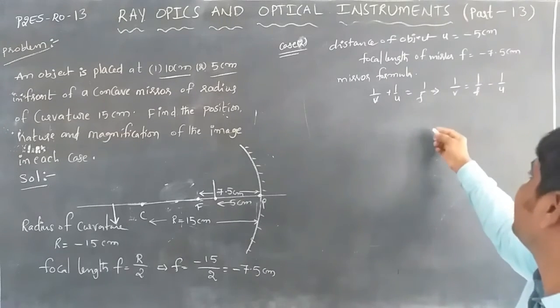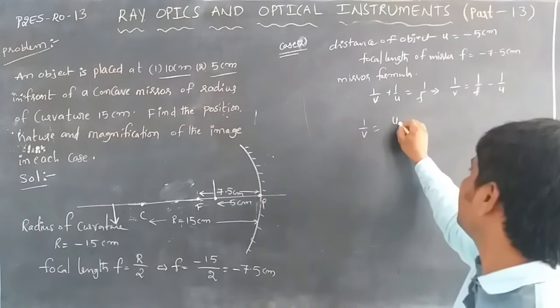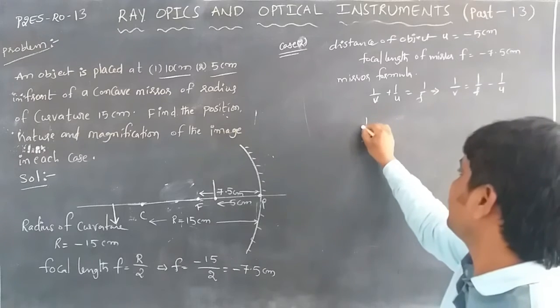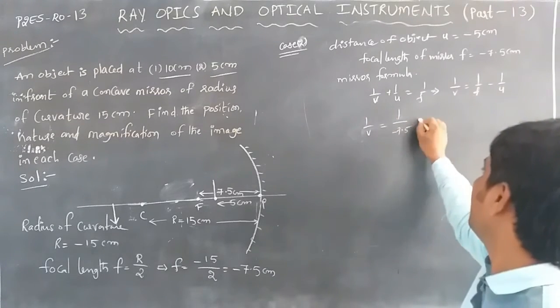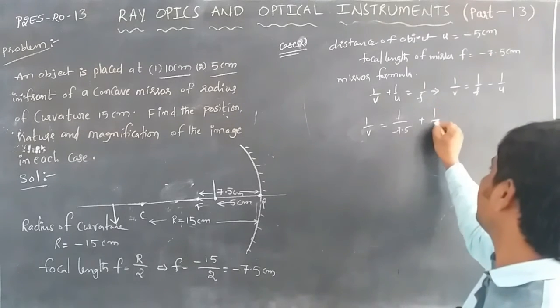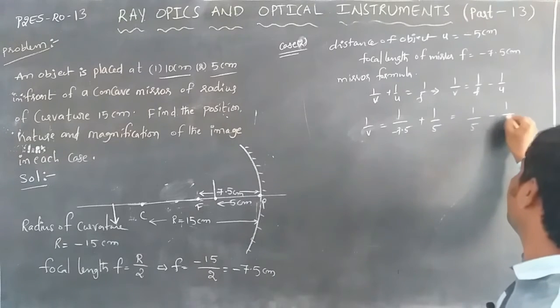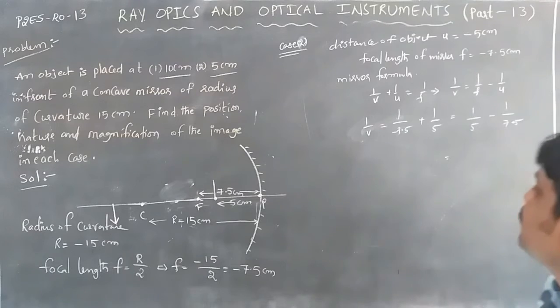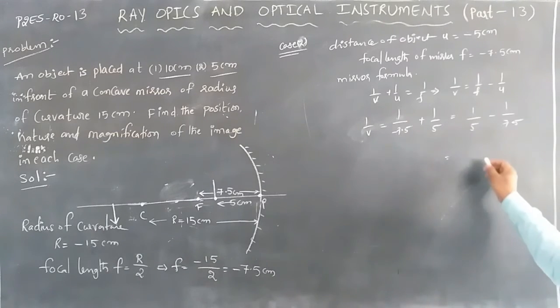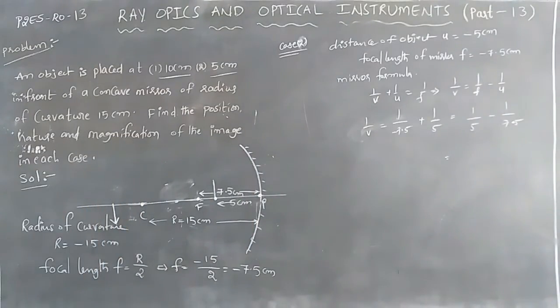Then 1 by v is equal to, by doing the LCM, substituting the values: minus 1 by 7.5 plus 1 by 5. Then by doing the LCM we can get the values.